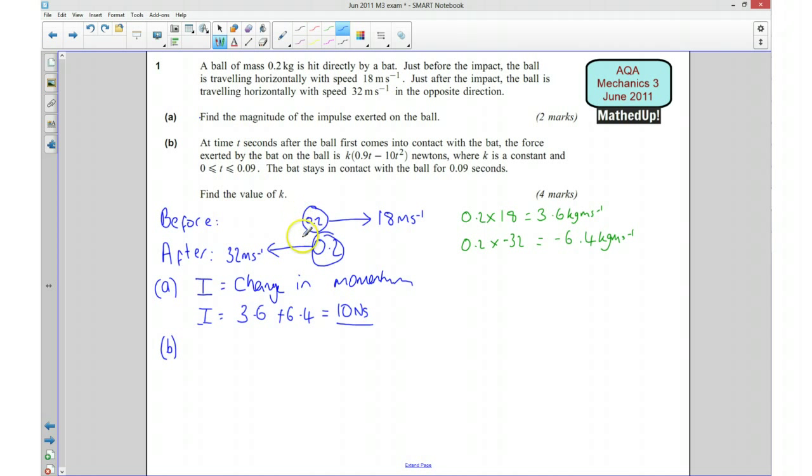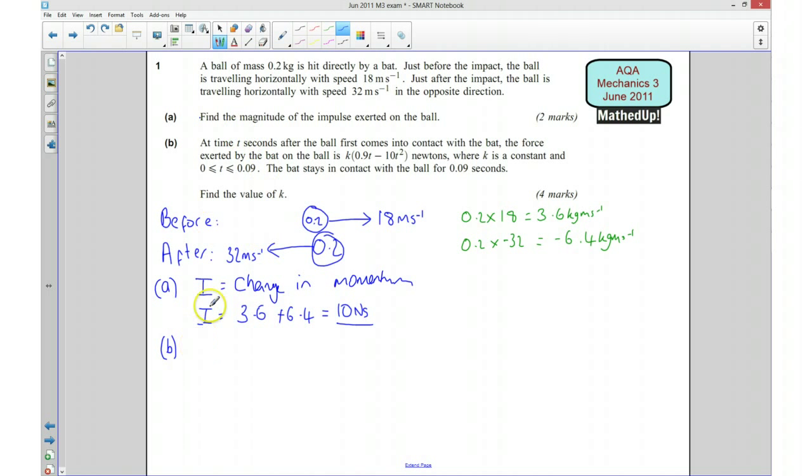Okay, part B. We're told that at t seconds after the ball first comes into contact with the bat, the force exerted by the bat on the ball is given by this expression here, where k is a constant and our time is between 0 and 0.09 seconds, and that's how long the bat stays in contact with the ball.